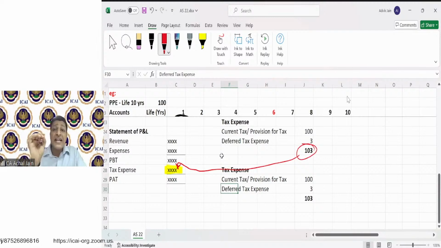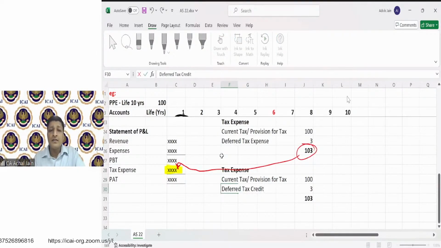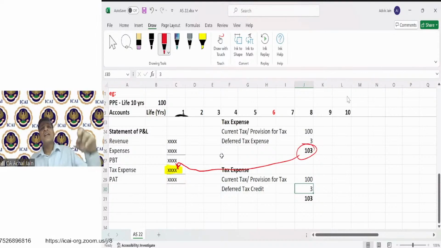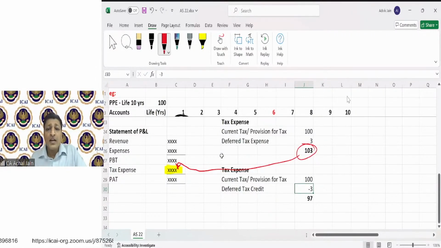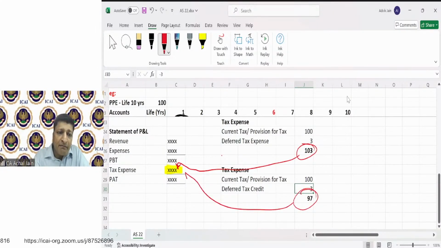But this deferred tax expense will now be a credit. So do you present it under income separately? No. You will net off that income or credit from the tax expense itself, like this. And where will this amount go? This amount again is something which you call tax expense.